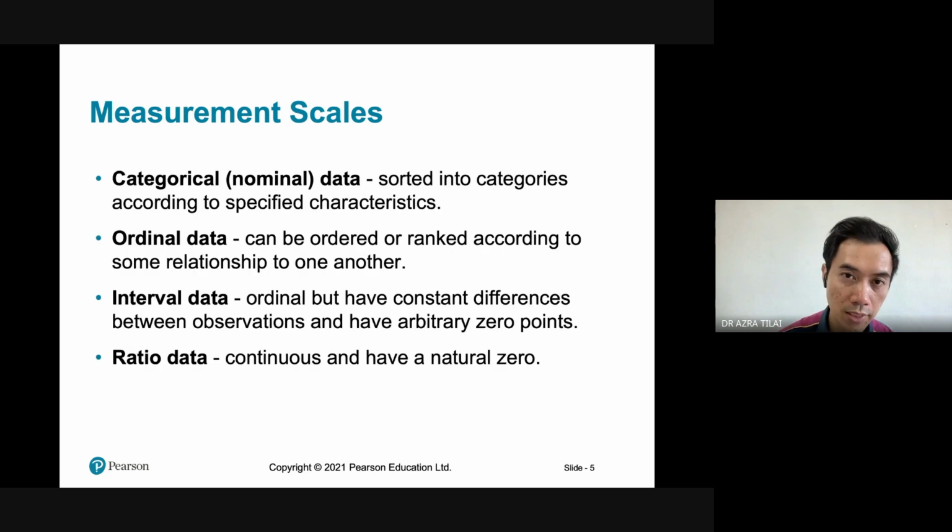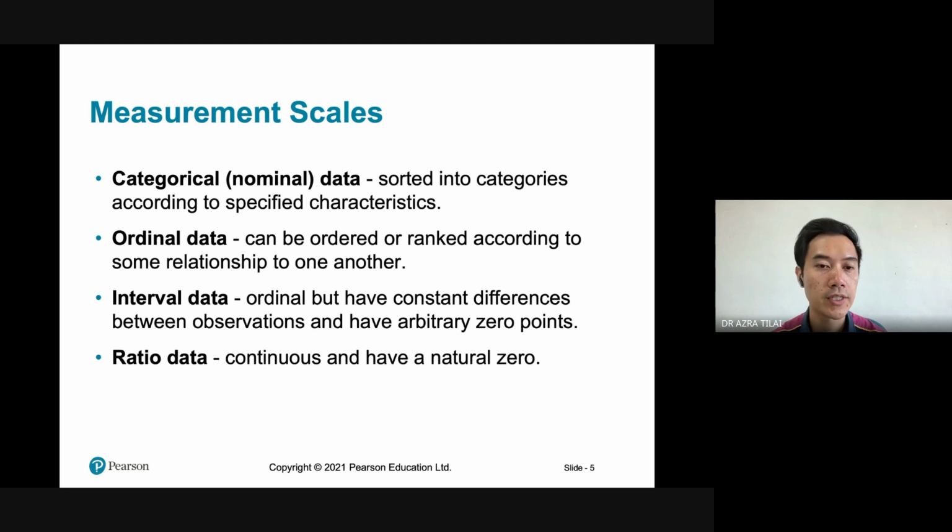So the next one is scales: categorical, nominal data. Categorical can be in the form of categories such as female, male. And we have ordinal data, which can be ordered or ranked, for example, strongly disagree until strongly agree.